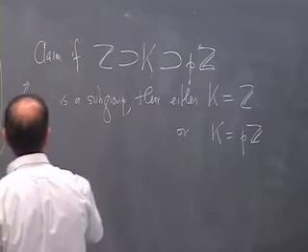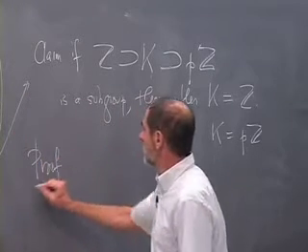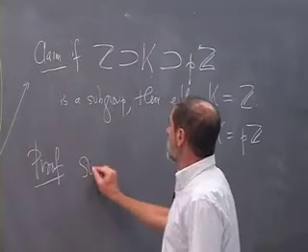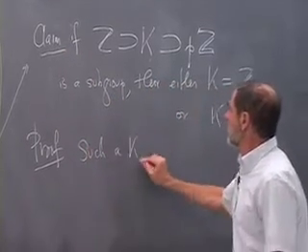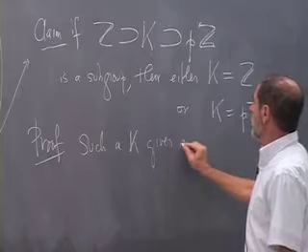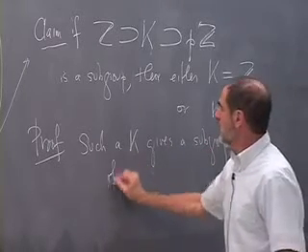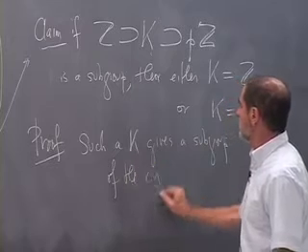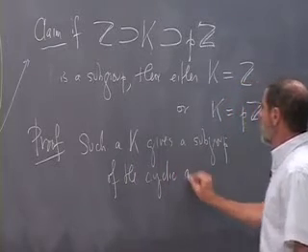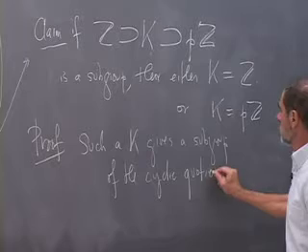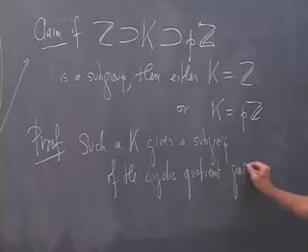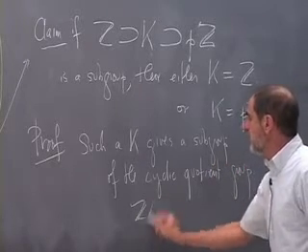And the proof: such a K gives a subgroup of the cyclic quotient group Z mod pZ.